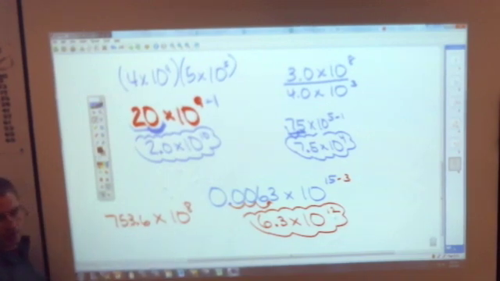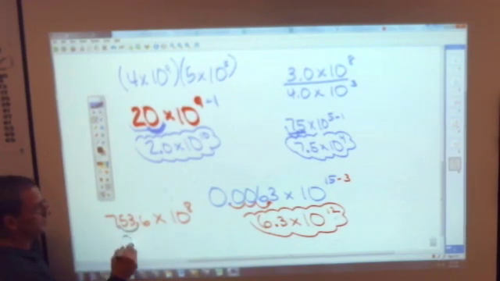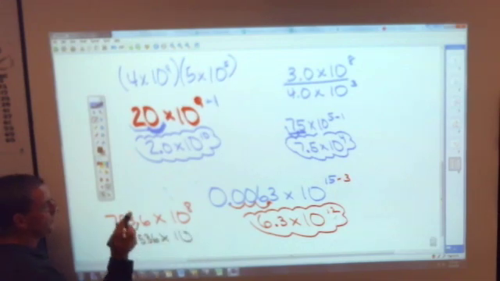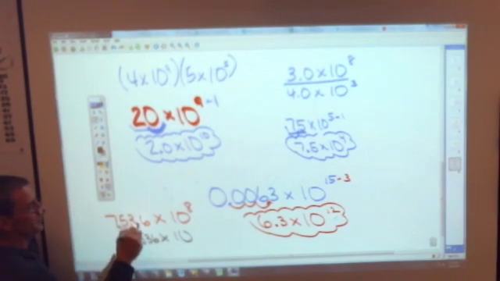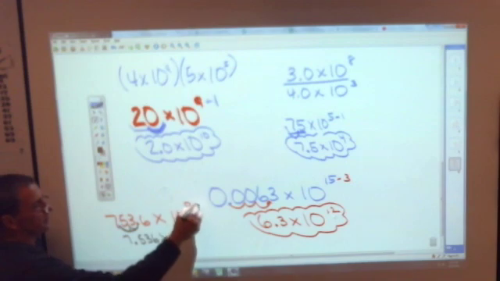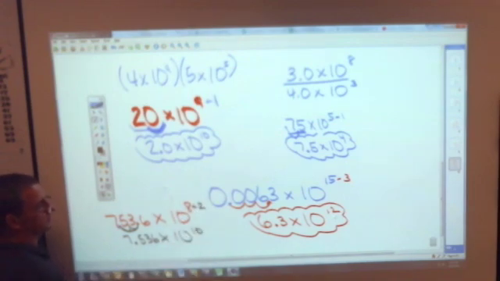You can't just leave it off. If numbers are zeros, you could leave them off, but if they're not zeros, you have to keep them. So yeah, you're going to move that decimal there, and it's going to be 7.536. And 10 to the? Sam, 10 to the what power? 11. 11? How many places did I move the decimal, Sam? 1, 2. I made it 2 smaller, so I make it 2 bigger. So the 10th power.